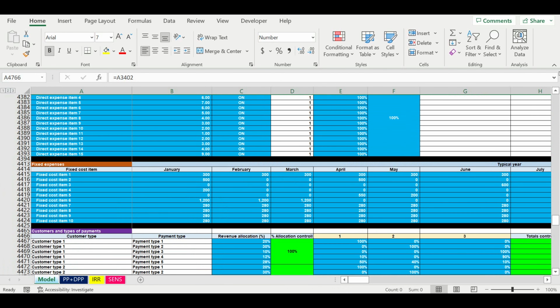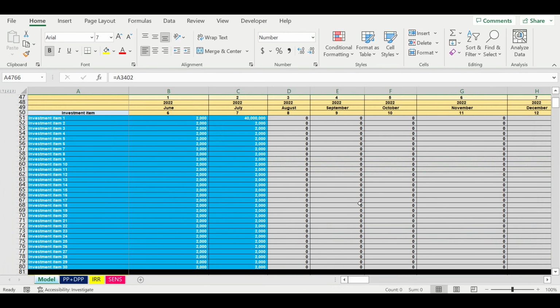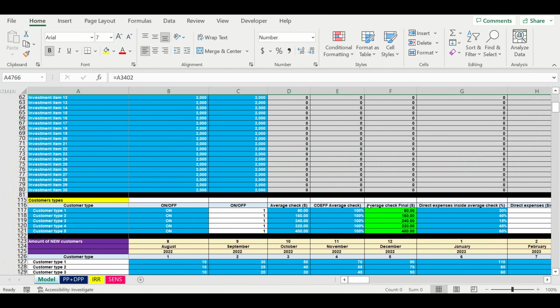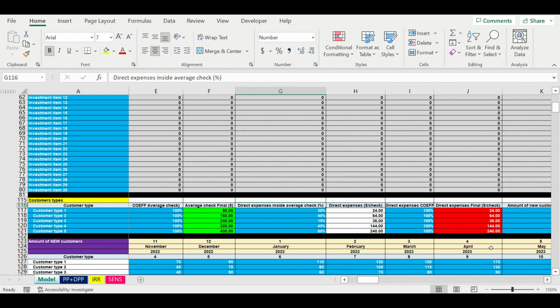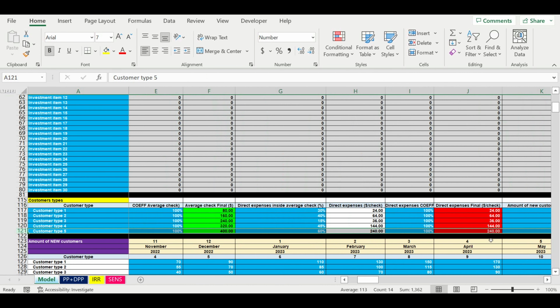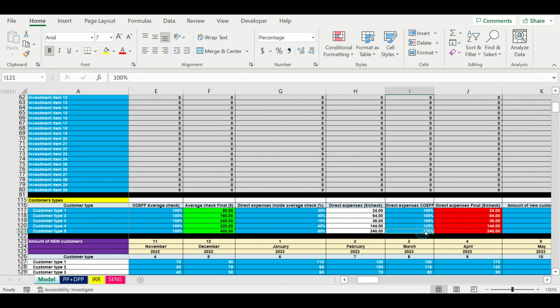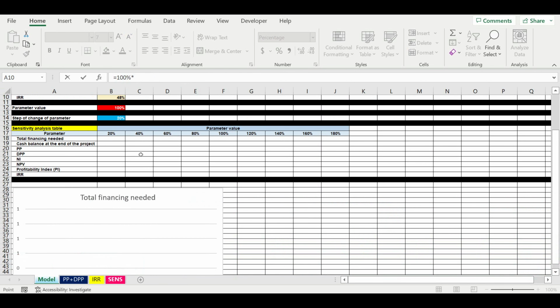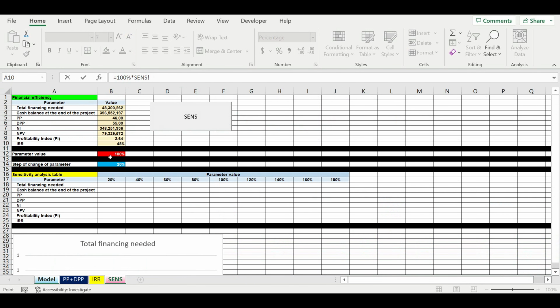We can go up to customer. Here we have direct expenses, customer type number 5, and we can add here a coefficient for sensitivity analysis.